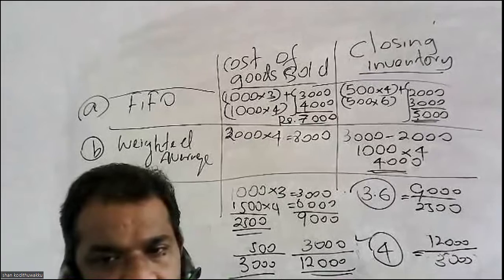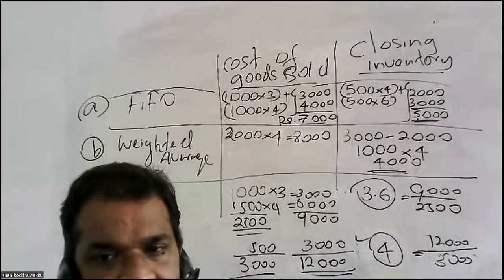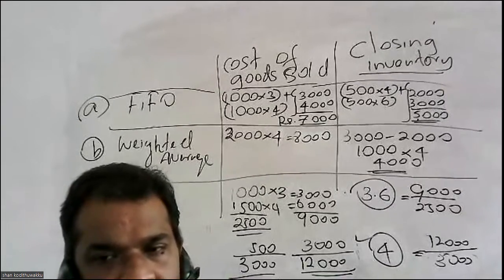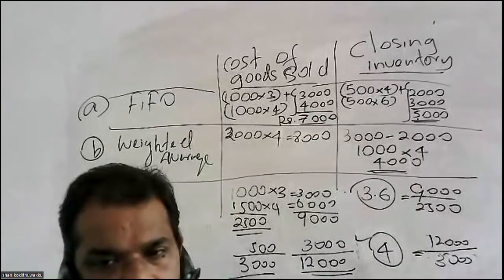The value is 9,000 related to the 2,500 and the new purchase value 3,000. Total will be 12,000. The average price equals total value of inventory divided by total number of units, that is 12,000 divided by 3,000 units. 4 rupees will be the average price.